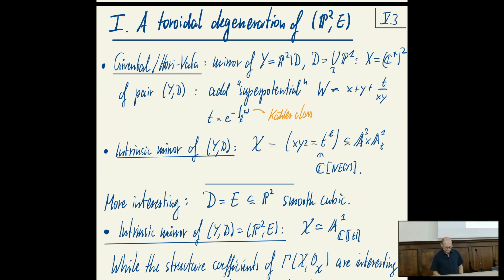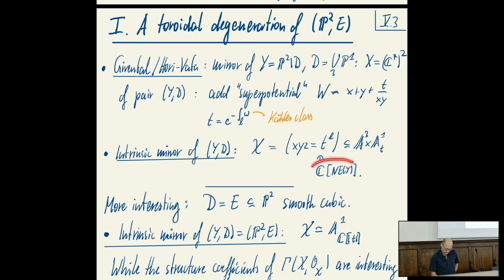What would we get when we apply intrinsic mirror symmetry to this (Y, D)? Well, it's very similar. It's compatible with this. You get the degeneration that looks like xyz equals t to the L. x, y, z correspond to the three divisors, actually. So that's a family, a hypersurface in A3 cross A1, the A1 for the parameter. And the t, again, would be a generator of this curve class ring.